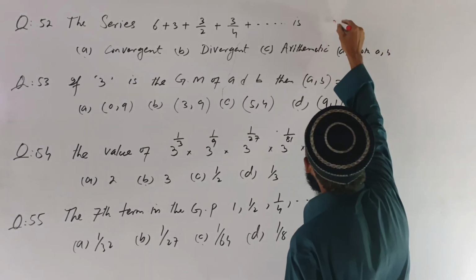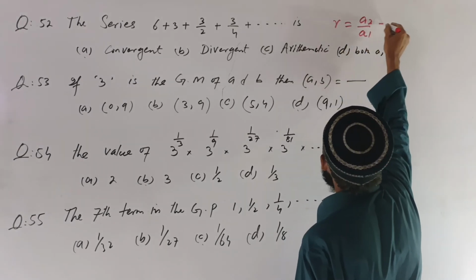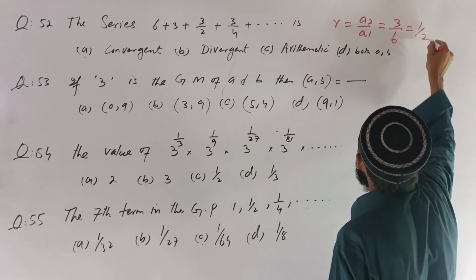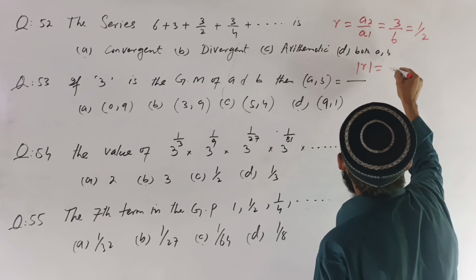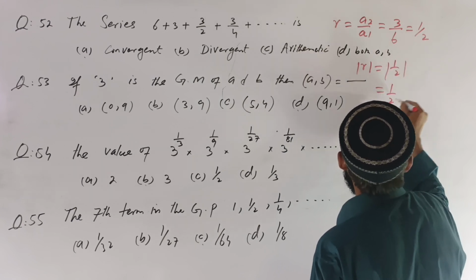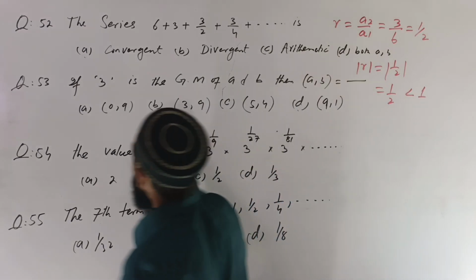We find R is equal to the second value divided by the first value. The second value is 3 divided by 6, which is equal to 1 by 2. So the absolute value of R is 1 by 2. 1 by 2 is less than 1, so it is called convergent.